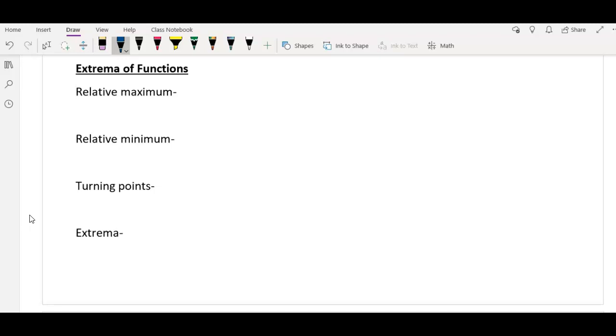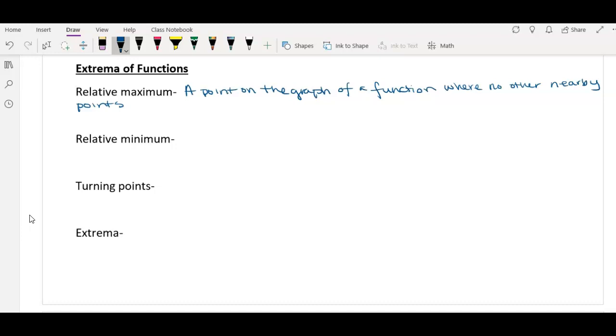So a relative maximum first is a point on the graph of a function where no other nearby points have a greater y coordinate.